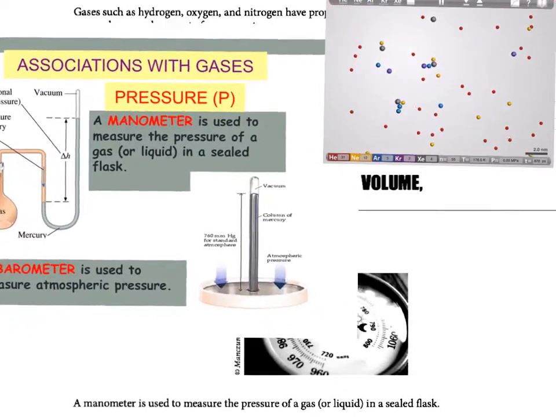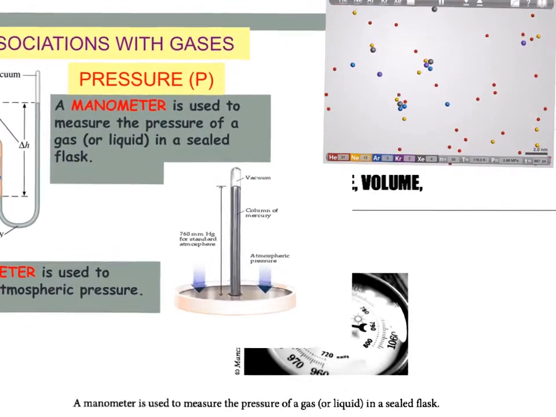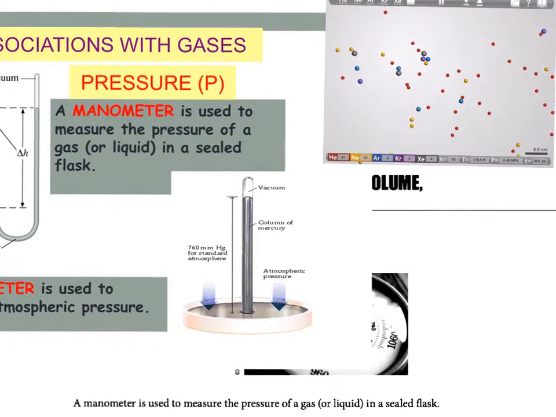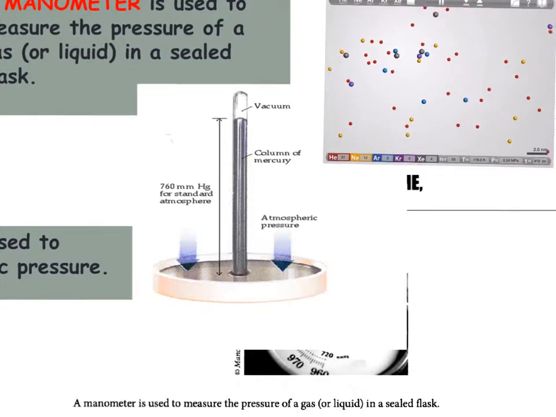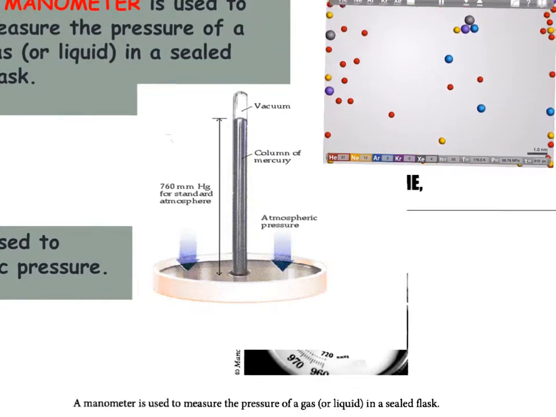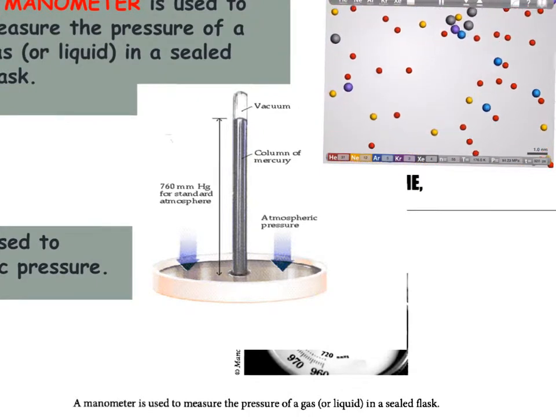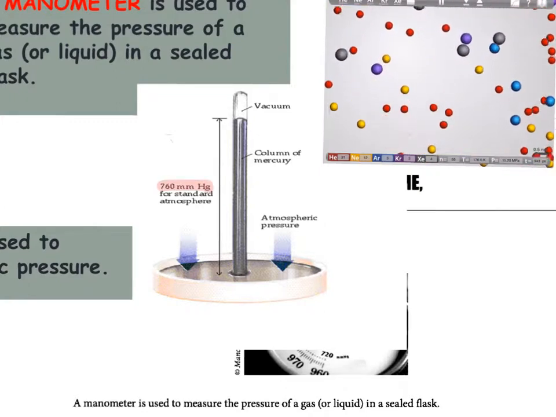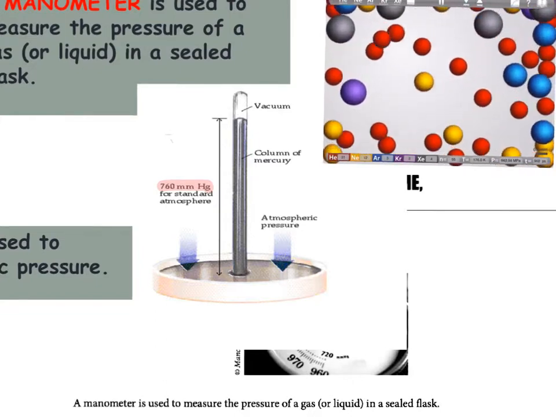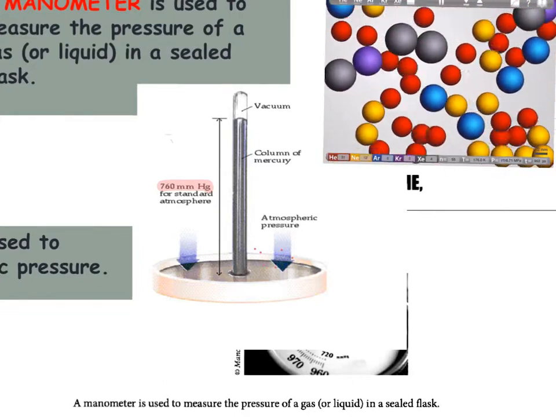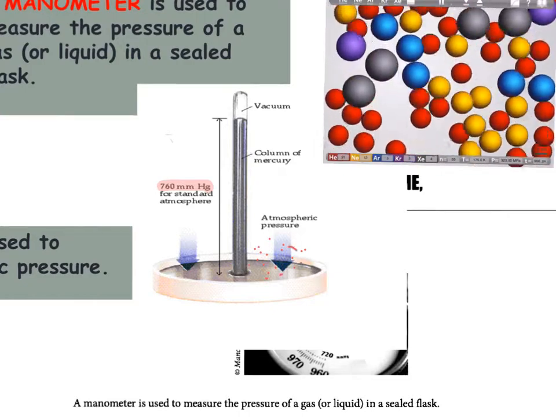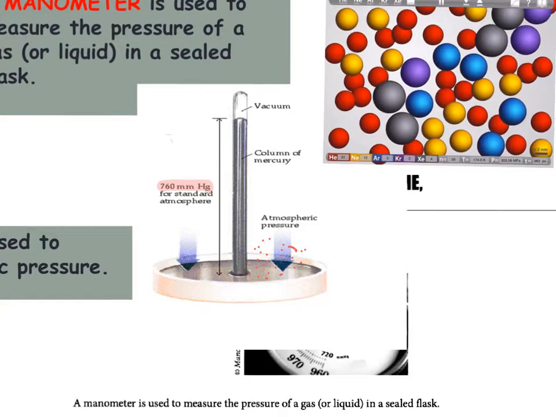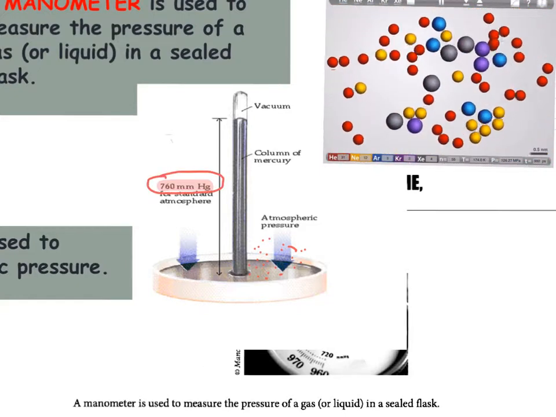Well, there are different instruments that have been used, and one of the older instruments is called a manometer, and I like it because it helps explain one of our gas law units, which is the millimeters of mercury for pressure. And what we see with that is when you have mercury in a dish, which mercury, of course, is a liquid, and atmospheric pressure, if that atmospheric pressure is increasing, it's going to, of course, have more collisions with that mercury, causing that mercury in the column to rise, and we measure that in millimeters of mercury.